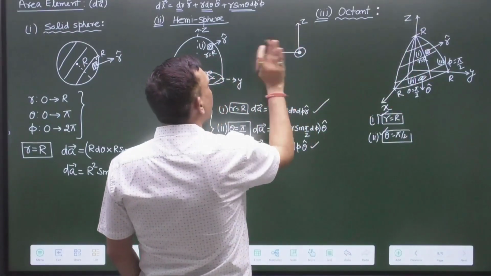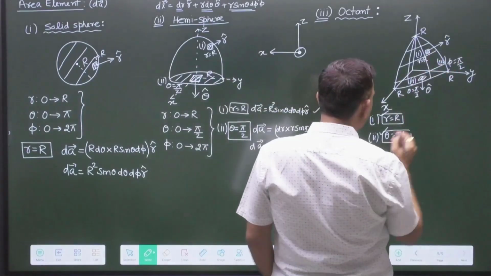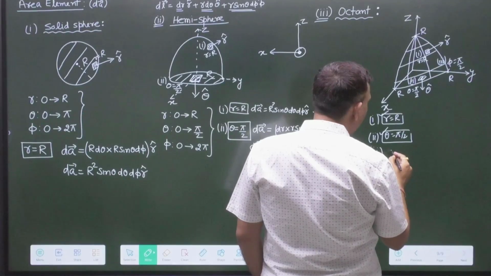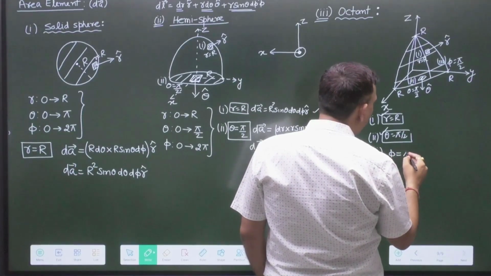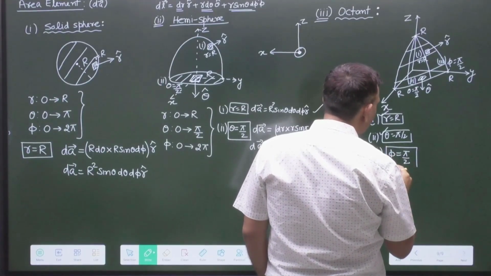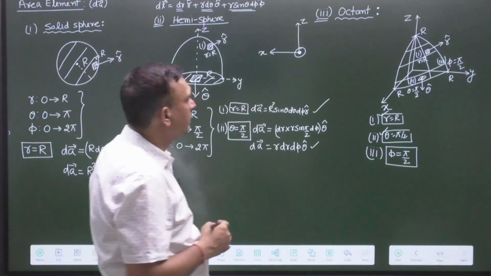So the YZ plane is the phi pi by 2 plane.